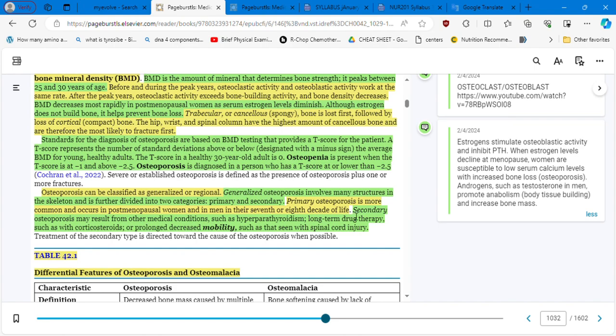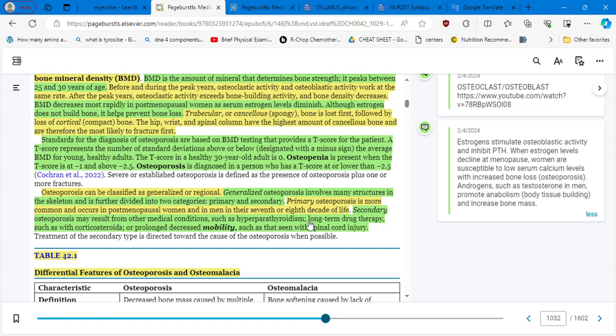Because of aging. Secondary osteoporosis may result from other medical conditions such as hyperparathyroidism, right? So the parathyroid is going to work too much and is going to tell the bone to put that calcium out of the bone, causing osteoporosis and increasing the serum calcium levels, okay, to make it clear.